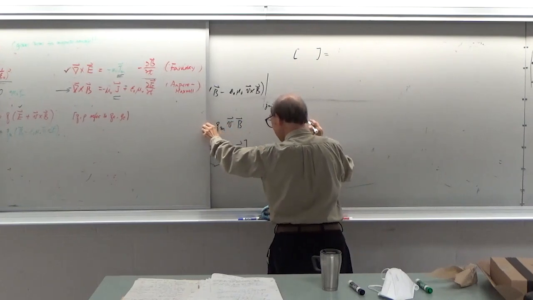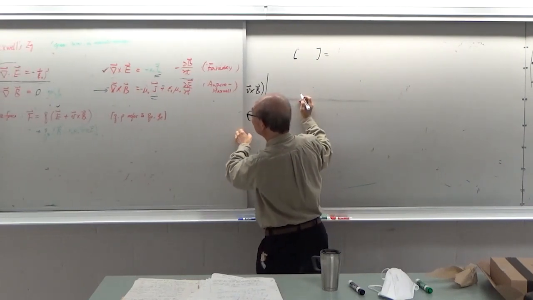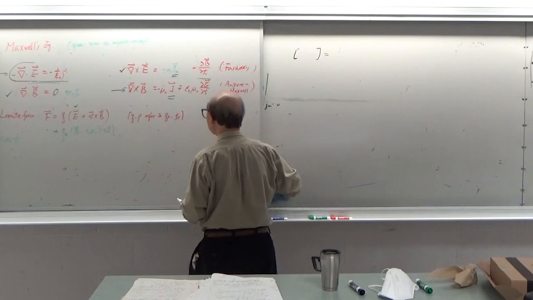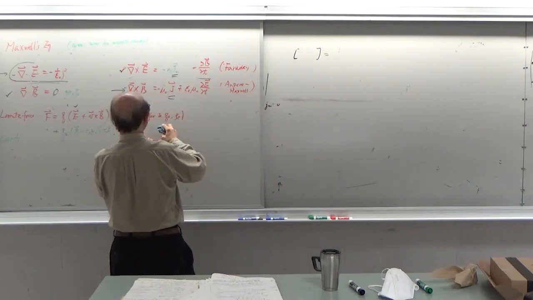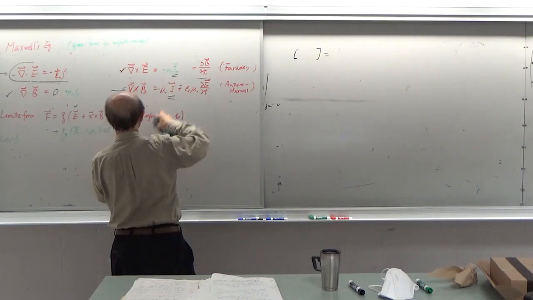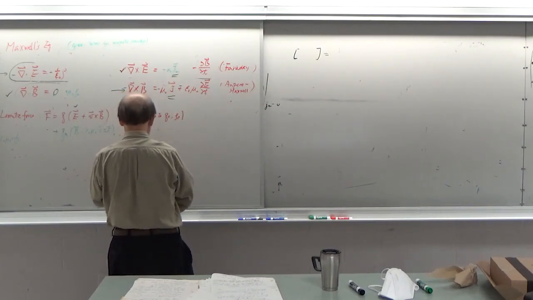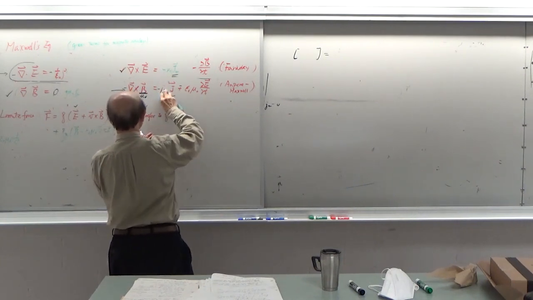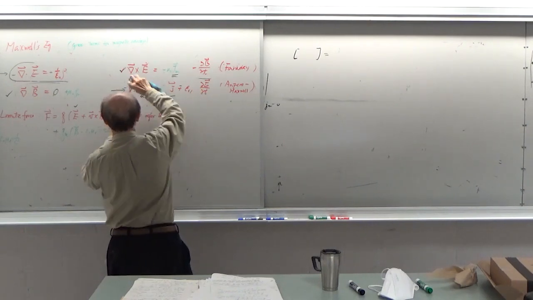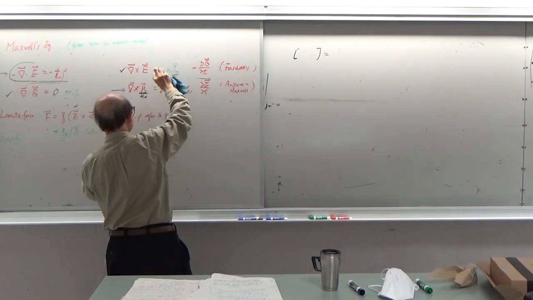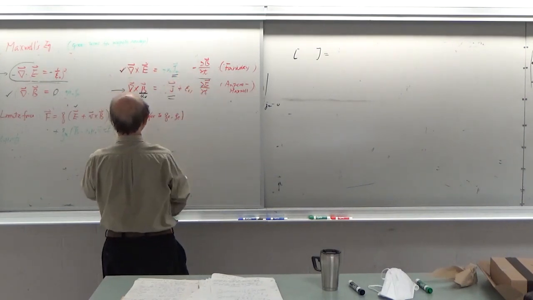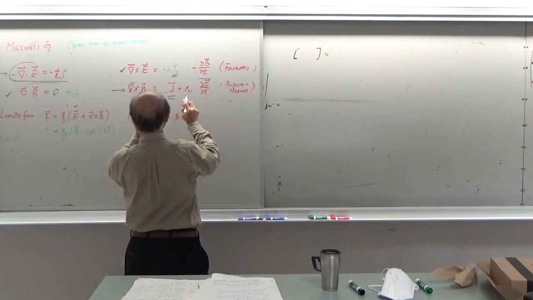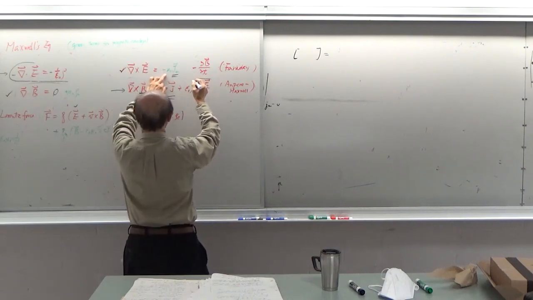So this is J dot E. Let me divide out by mu naught for simplicity, and then on the minus side, I will have divided out by mu naught.